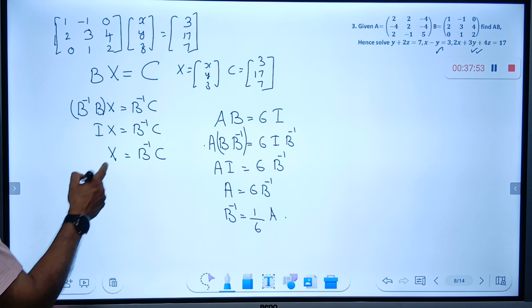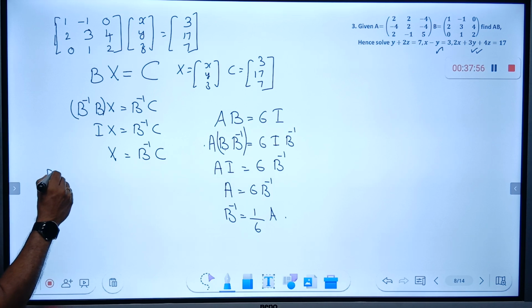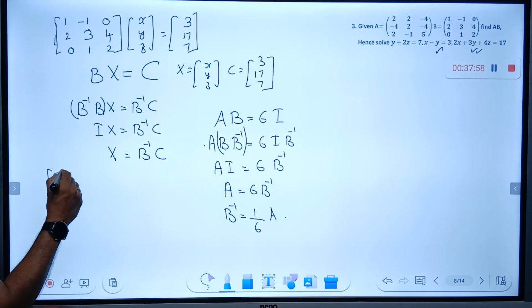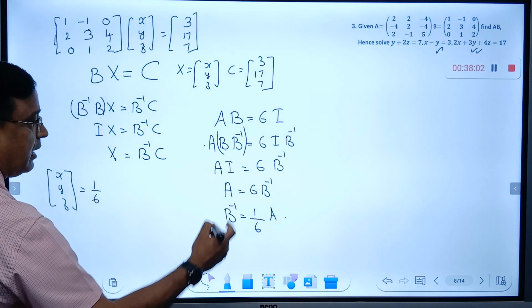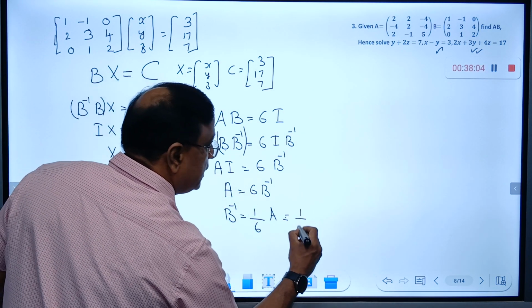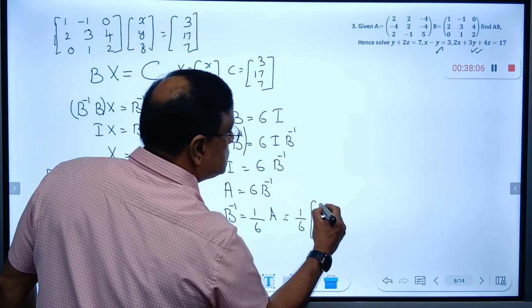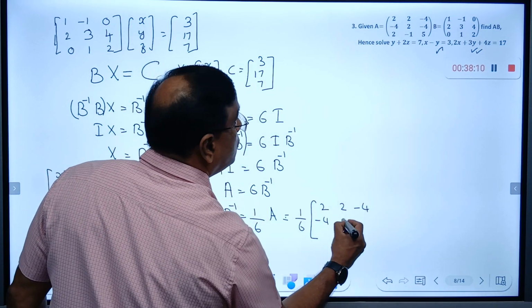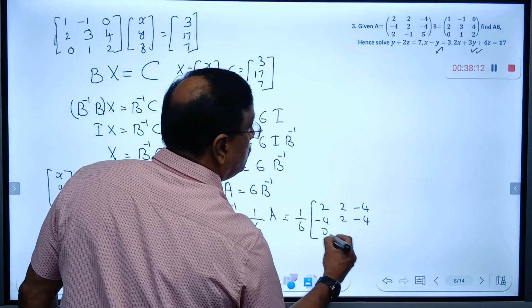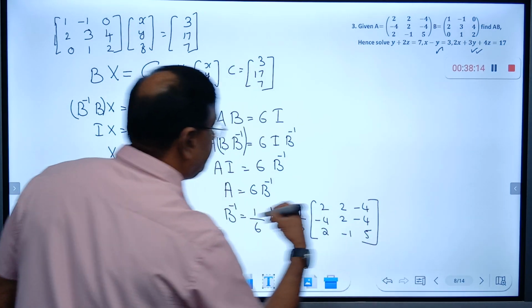Now let's come back to this. What is X? X is X, Y, Z. What is B inverse? 1 by 6 A. If I want, I can write 1 by 6. What is my A? A is 2, 2, minus 4. Minus 4, 2, minus 4. 2, minus 1, 5.